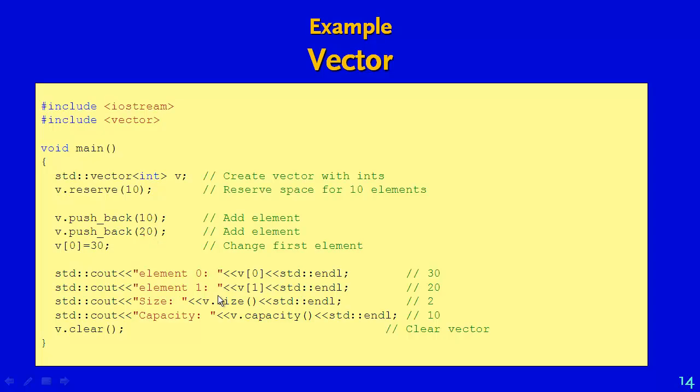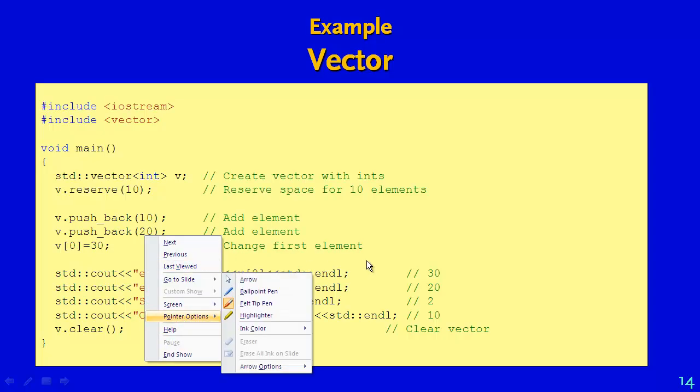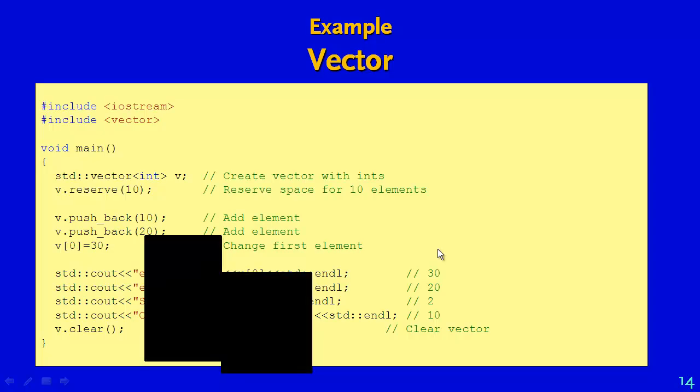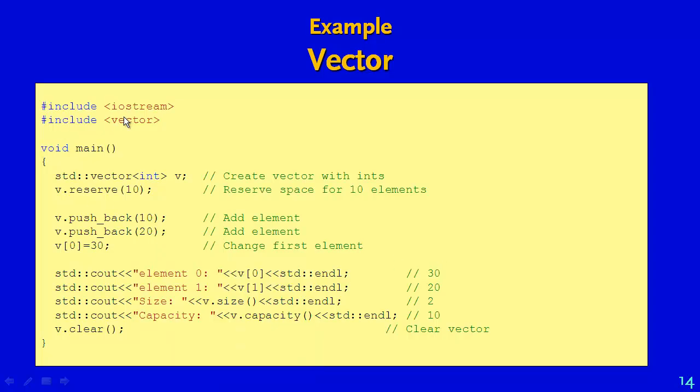So here's a very simple example. These are things you just need to start practicing with, and we'll see many more examples as we progress. Here's my include vector. I create a default vector with no elements. I reserve space for 10 elements. I push back 2 elements and I change the first element.